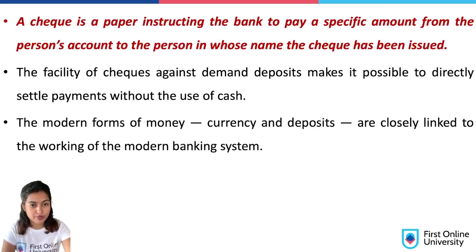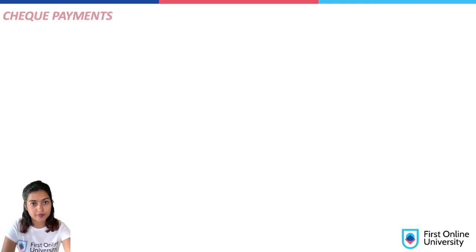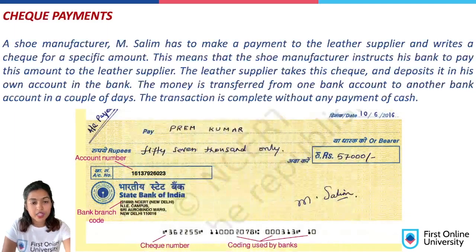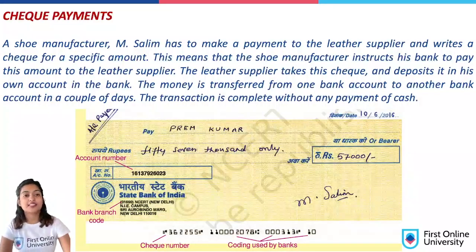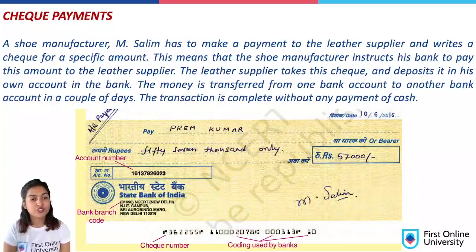The modern forms of money, that is currency and deposits, are closely linked to the working of the modern banking system, and let us see with a pictograph how exactly this works. Firstly, we are going to discuss check payments with another example of a shoe manufacturer. A shoe manufacturer named M. Salim has to make a payment to the leather supplier and writes a check for a specific amount of money.